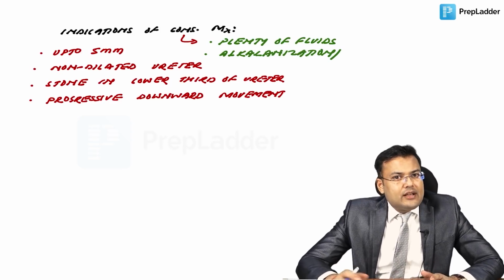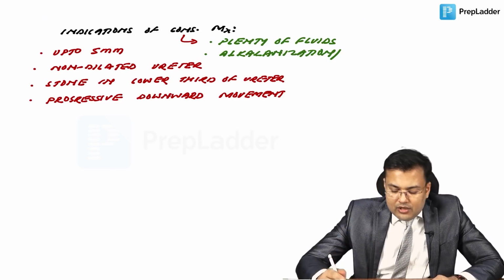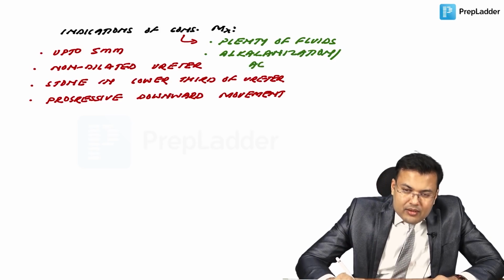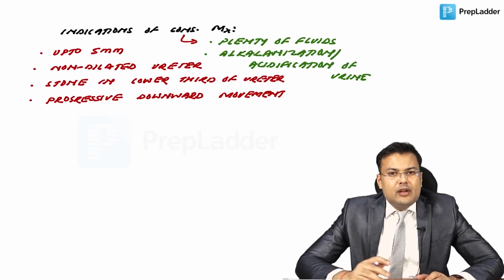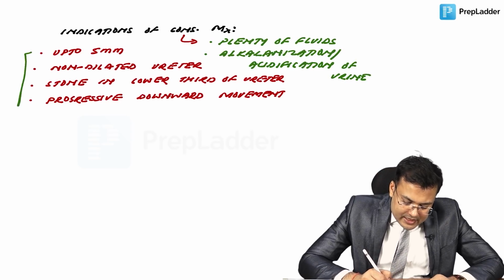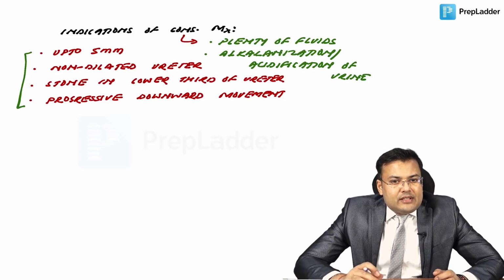Most of the stones are acidic, so we go for alkalinization. We advise the patient to take Alka-Sol alkaline solution. Or if the stone is basic, then we go for acidification of urine. Clear?